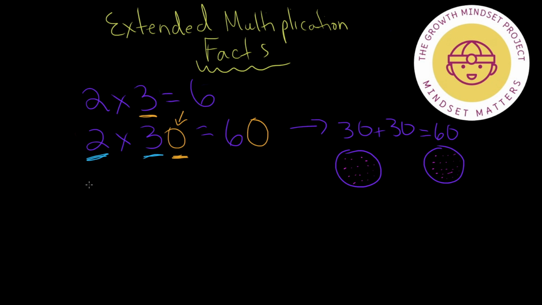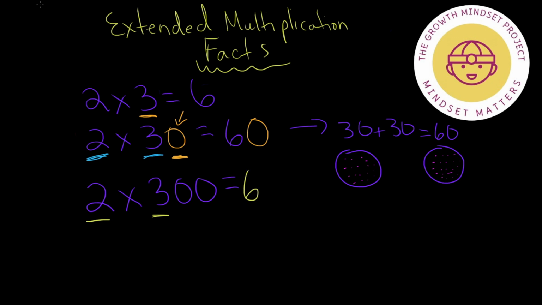Okay? What if we had 2 times 300? Oh, now we're getting to a really, really big number. Well, it's the same process. Look at that. We still have 2 times 3. Well, 2 times 3 is 6.